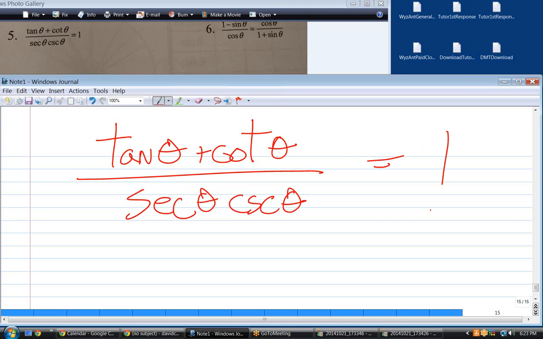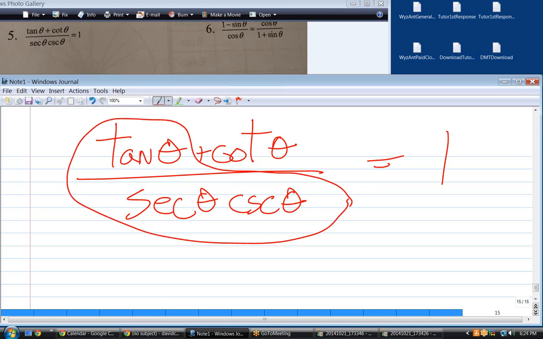And that's supposed to equal 1, okay? Well, let me think for a moment. I could separate this into two fractions, that fraction and that fraction.